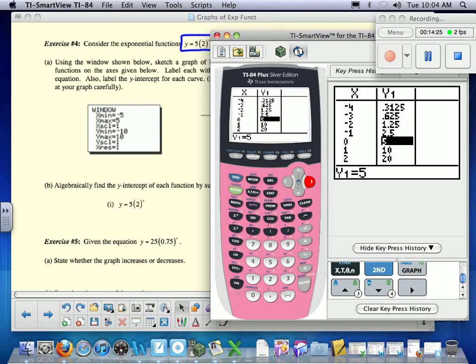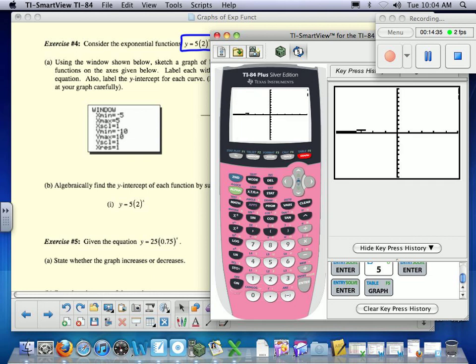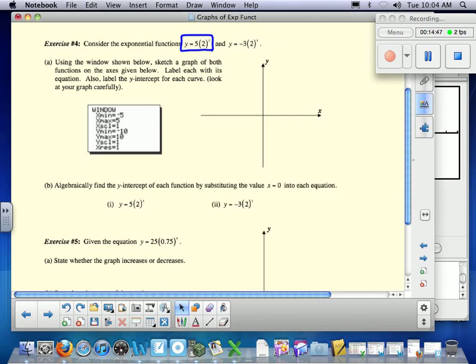Let's check out what this graph looks like. I know I have to change my window. Okay, so, look at that. Are we supposed to sketch that? We are supposed to sketch this. They also want us to label the y-intercept.